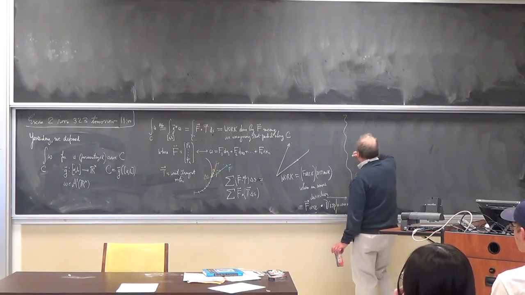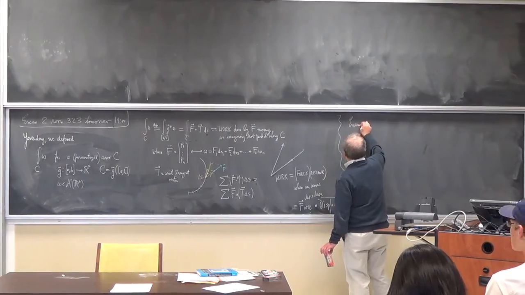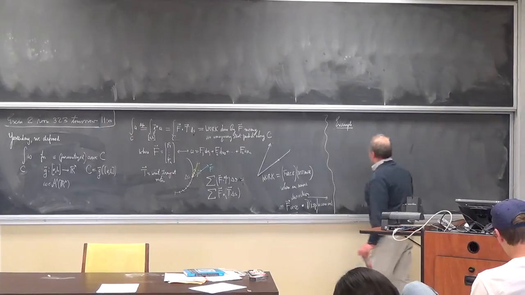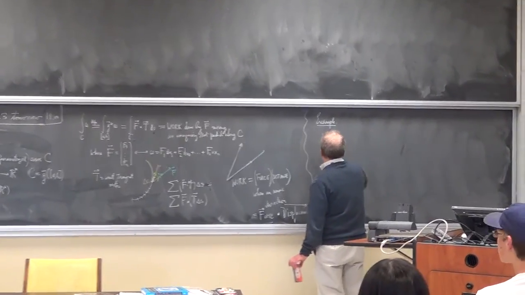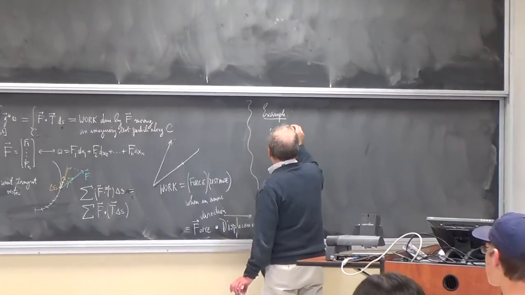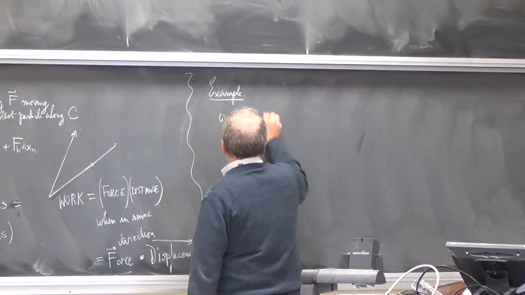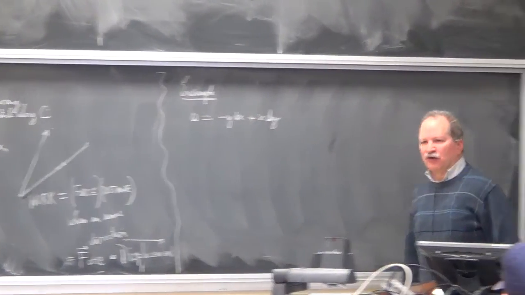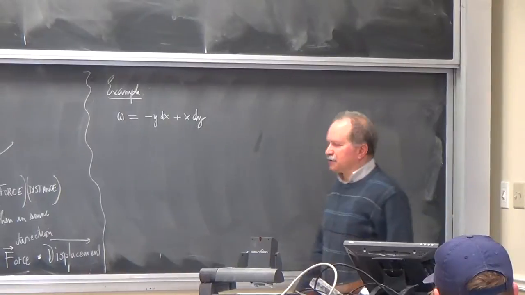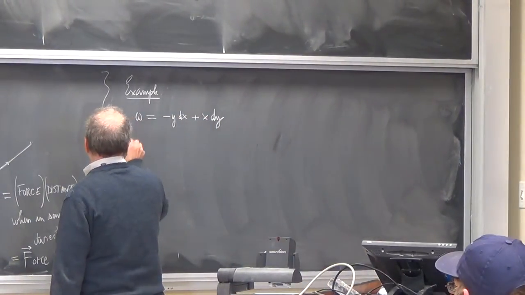All right, so let's do an example here. I'm going to do this in R2. I'm going to take a nice simple one-form like that, minus y dx plus x dy, and I'm going to give you three parameterized curves.